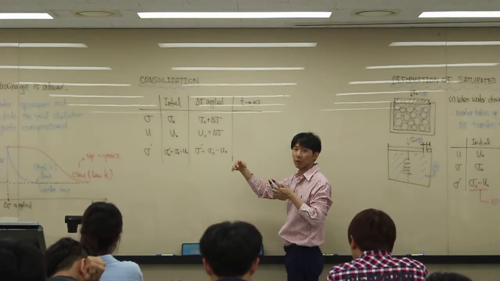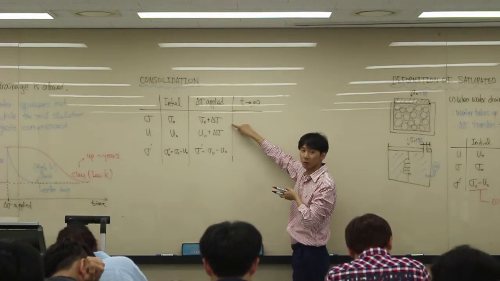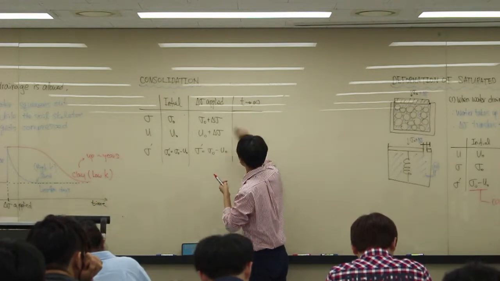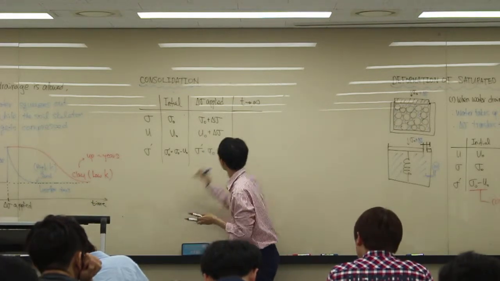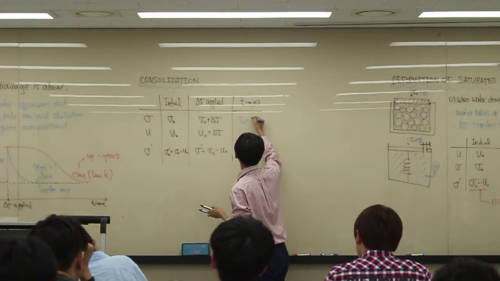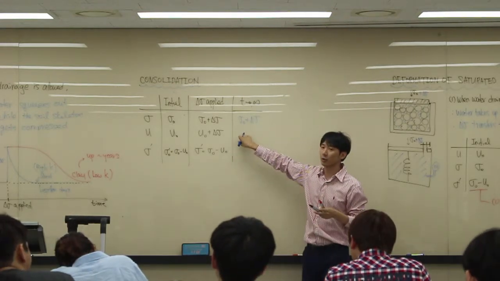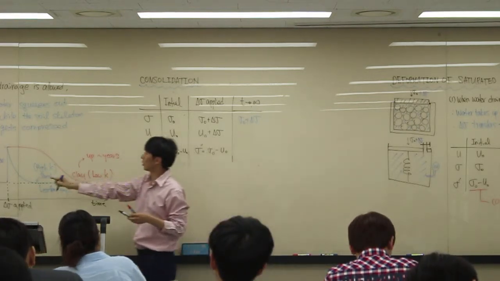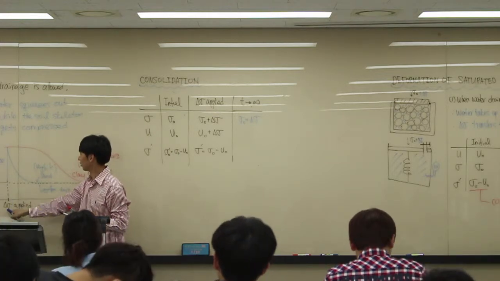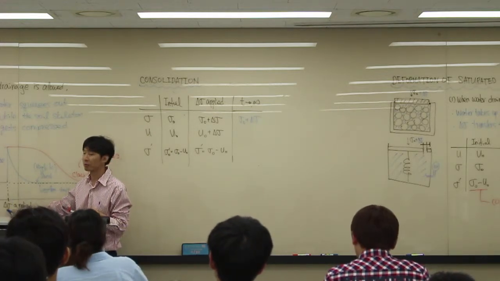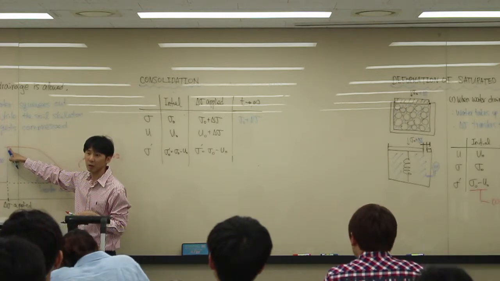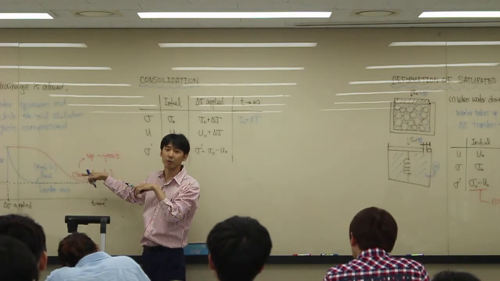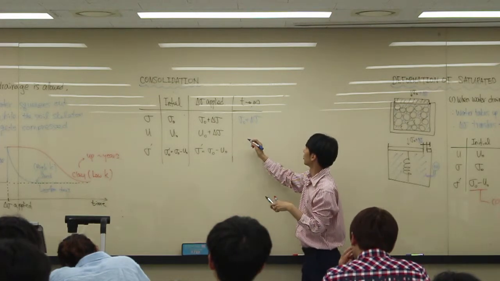The pore pressure will spike right after the delta sigma is applied, to delta sigma, and then because the water can escape, it's going to decrease to the original value.